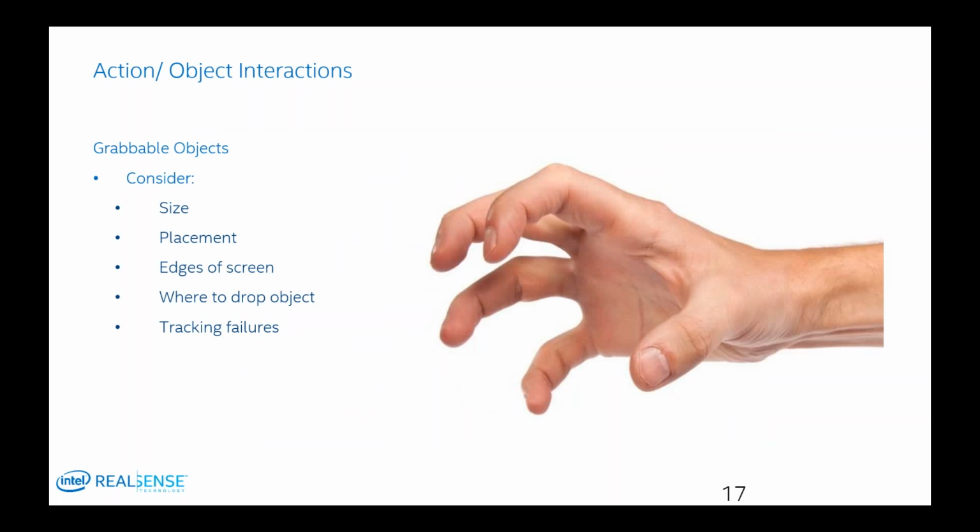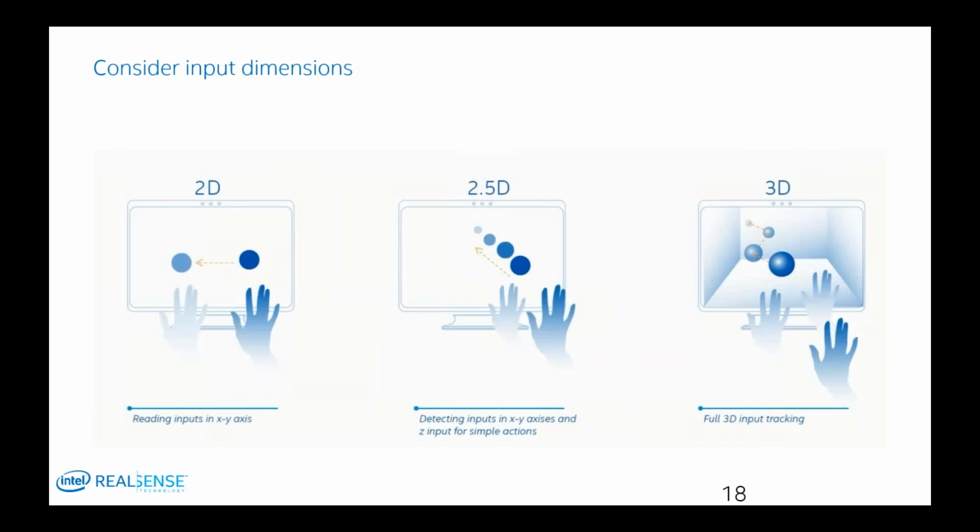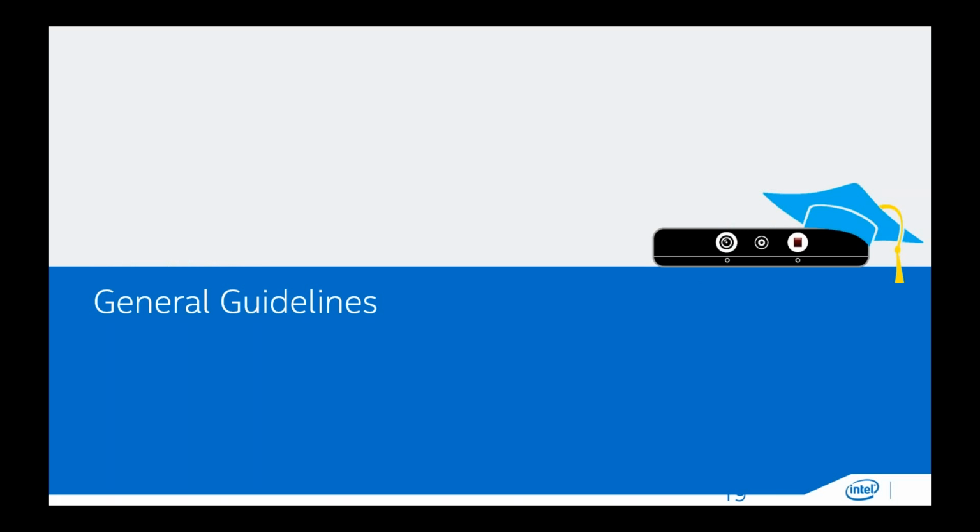And again, you should smooth your data to avoid tracking failures. That was quite a lot on hands because I think that's the most complicated way of getting data from RealSense, but it's also one of the most compelling ones.